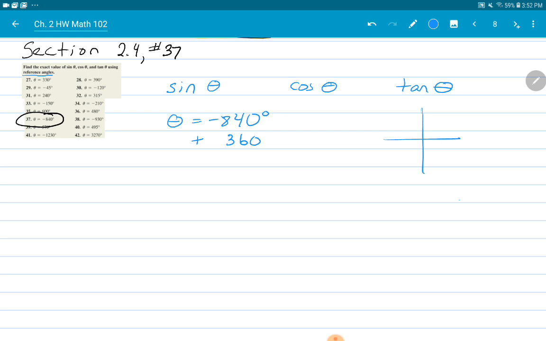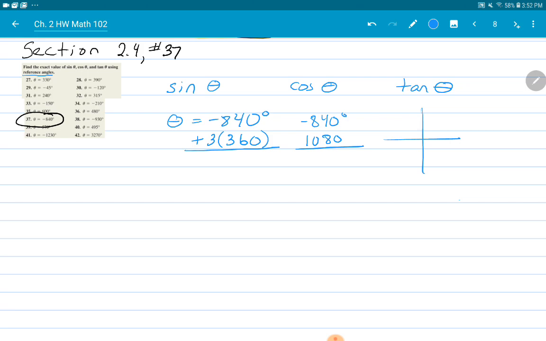So if I add 2, that's going to be 720. That's not going to be quite enough. So if I add 3 360s, then that is equivalent to adding negative 840 to 1080.